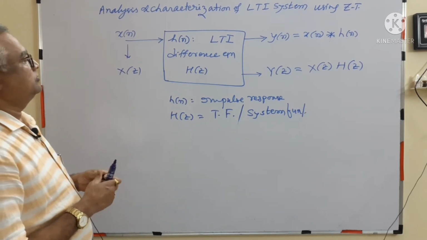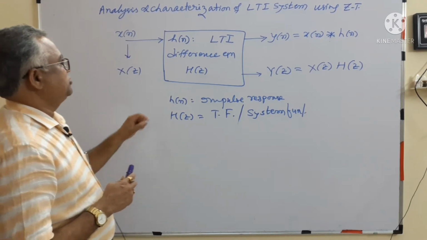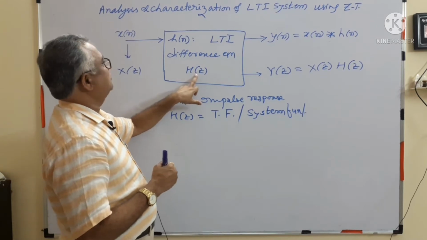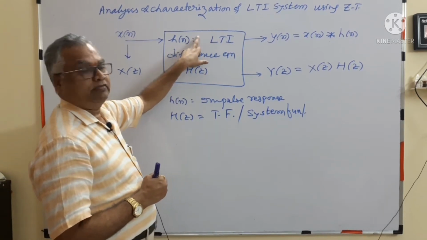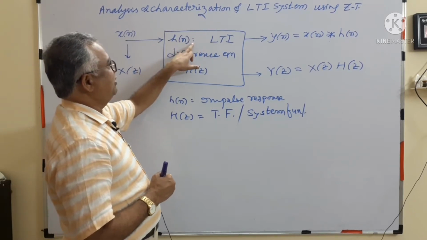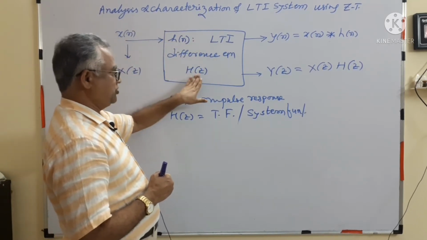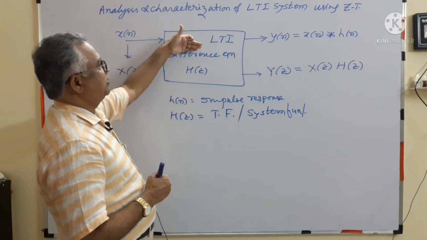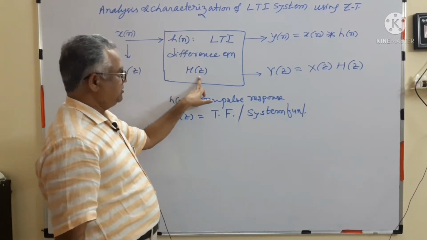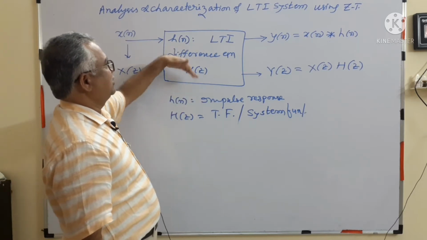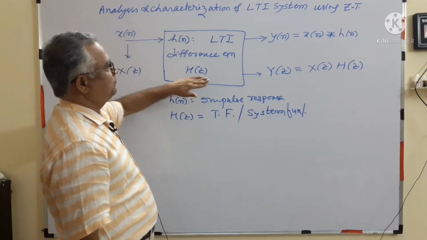Okay. So if H of z is given, by doing inverse Z transform you will get h of n, or if h of n is given, by applying Z transform you get H of z. Difference equation, by applying Z transform you can find H of z. So we can convert one to other.